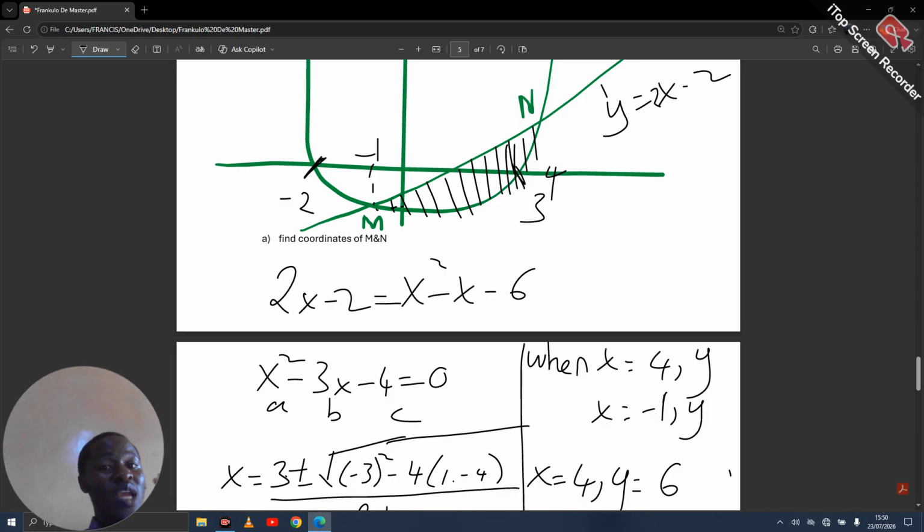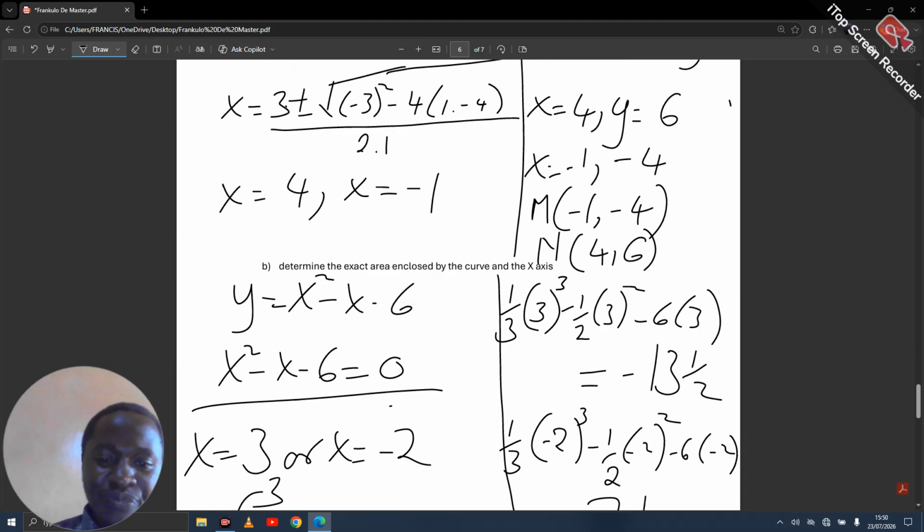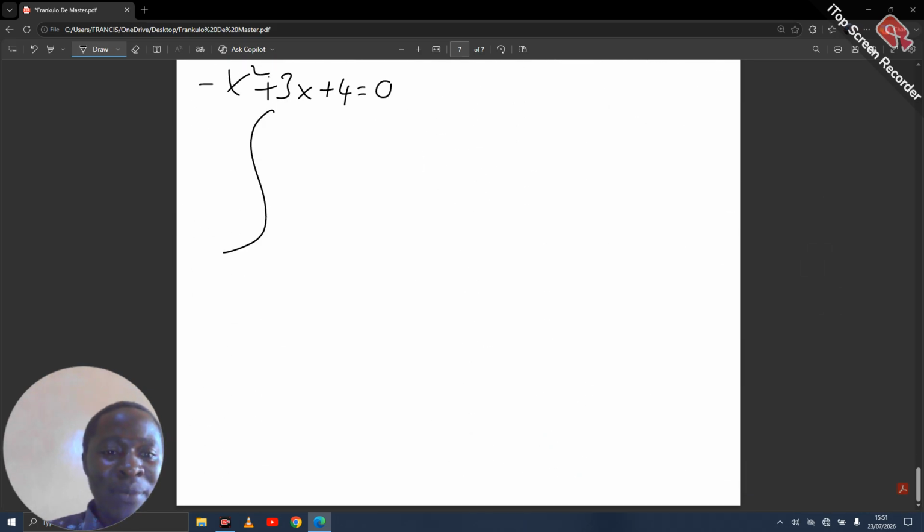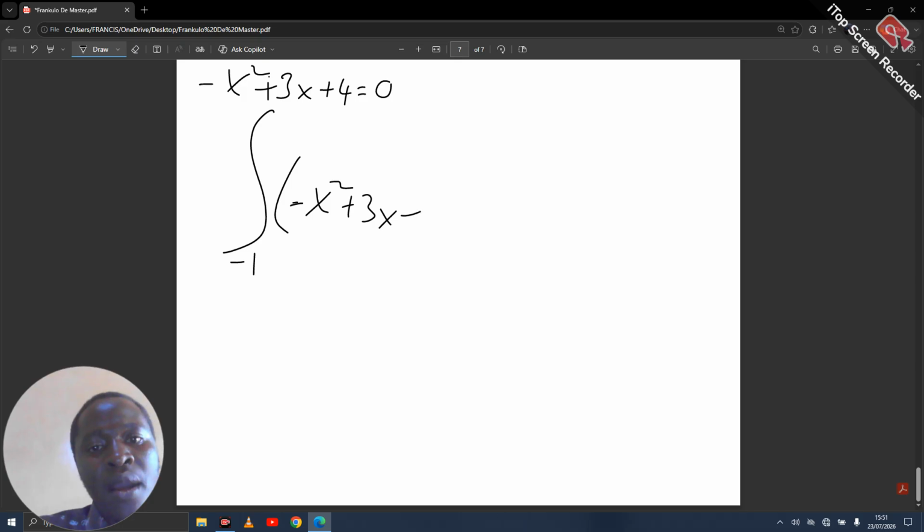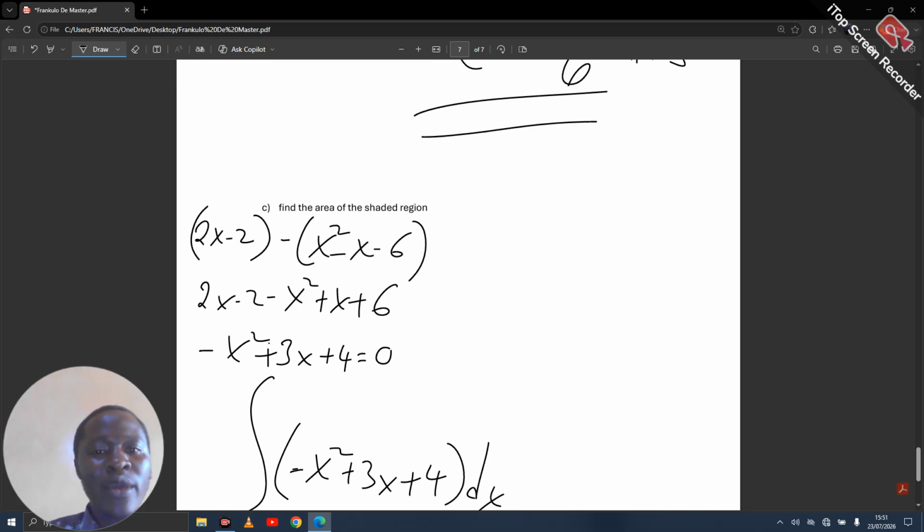So guys, when you are getting the area of that small part, you must integrate from M to N, the coordinates of the x-axis used only. So it is from -1. And what are we integrating? We are integrating the difference of the line and the function, which is minus x squared plus 3x plus 4, all the way to what? All the way to 3.